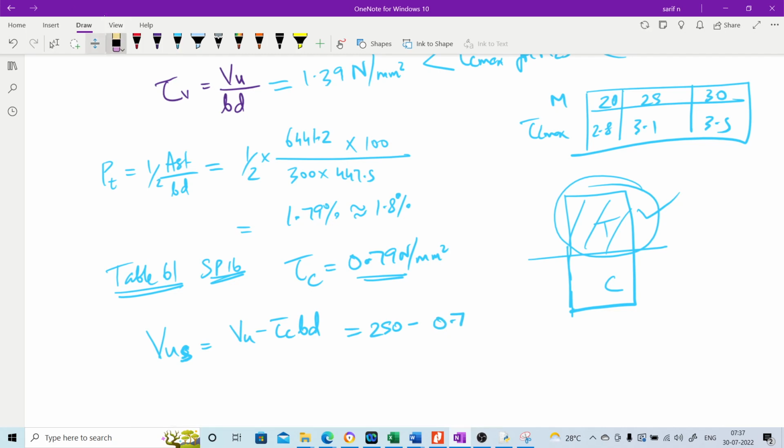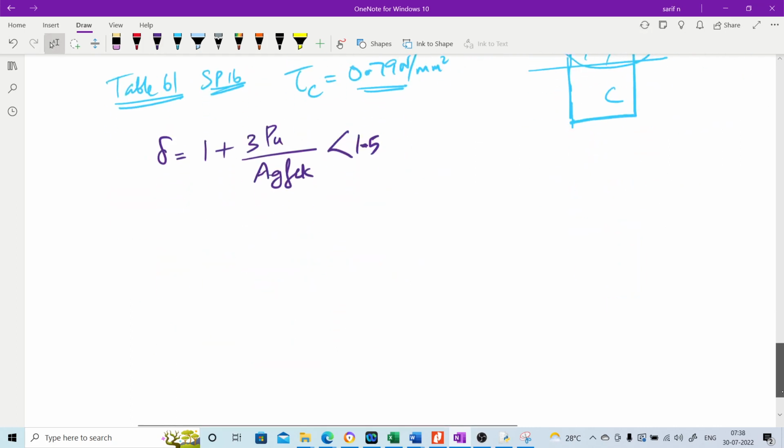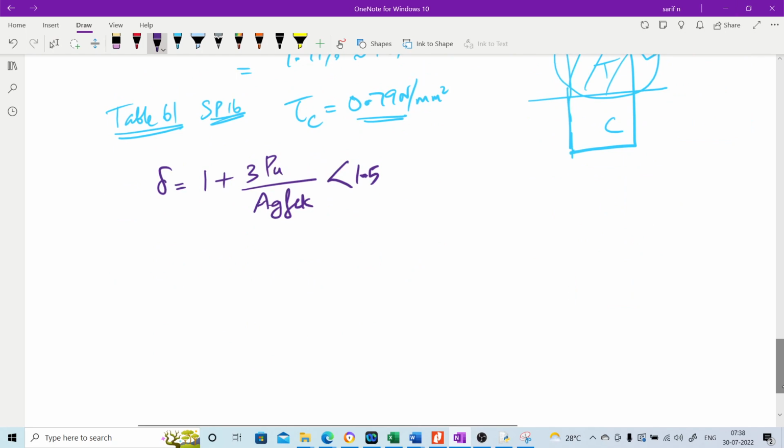Again, in compression members, the design shear strength of concrete can be further enhanced. Okay, so IS 456 gives this particular formula, that is delta is equal to 1 plus 3 PU divided by AG FCK, and this has to be less than 1.5. Okay, so this is the factor for enhancement of the shear strength of concrete. So let us find out what is delta.